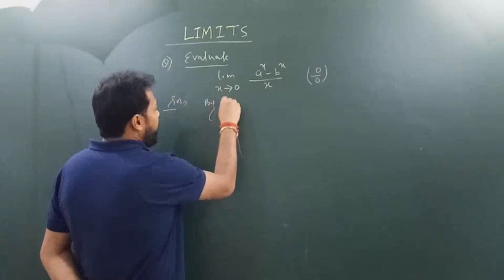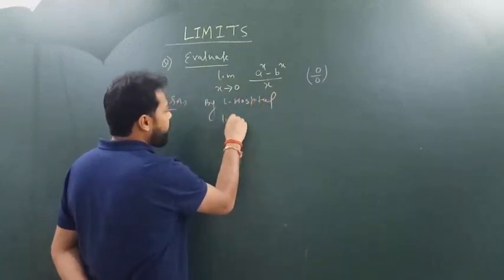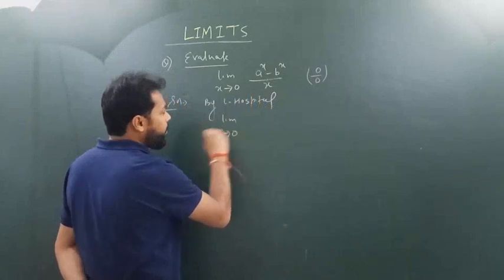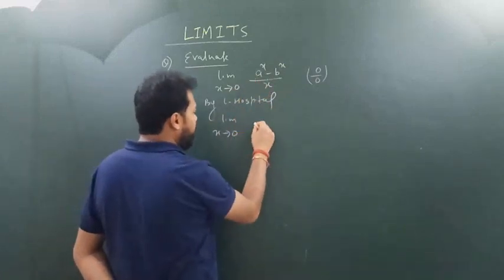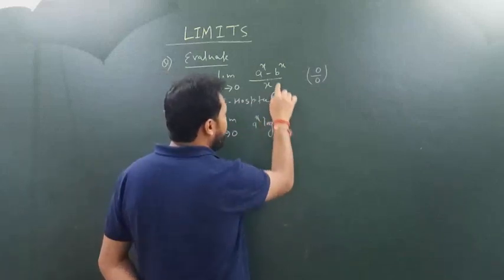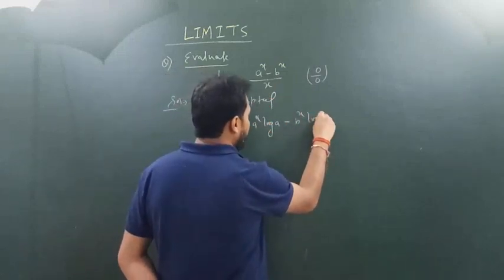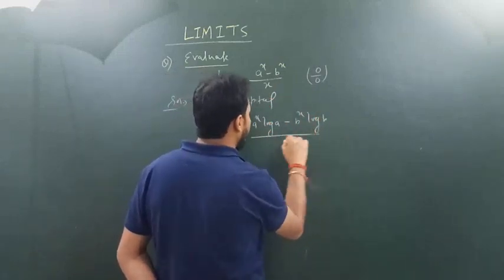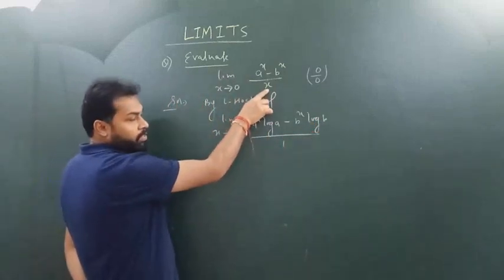By L'Hospital, since this is 0 by 0 form, we can apply this. What is the differentiation of a^x? It is a^x log a. What is the differentiation of b^x? It is b^x log b, and differentiation of x is 1.